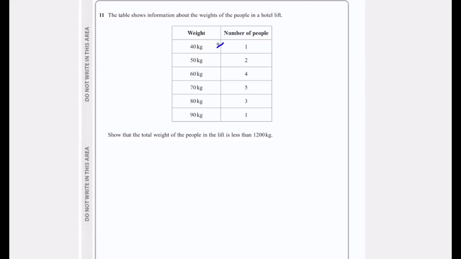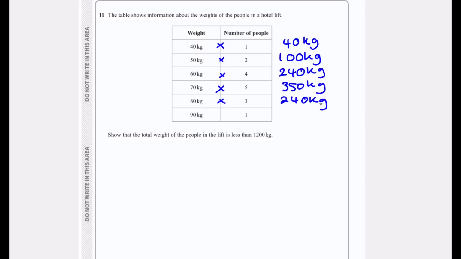So one person weighing 40 kilograms, so times them. 1 times 40 kilograms is 40 kilograms. 2 50s make 100. 4 60s, remember you can use a calculator, but 4 60s is 240 kilograms. 5 70s, 350 kilograms. 3 80s, 240 kilograms. And 1 90 is 90 kilograms.